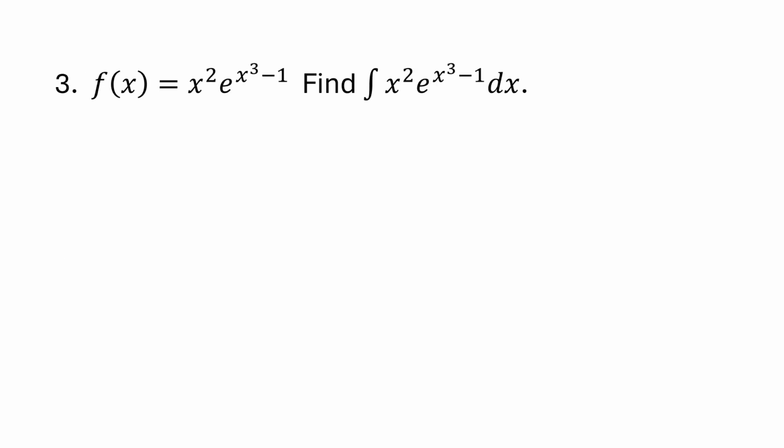Our third problem, f of x equals x squared e to the x cubed minus 1. I'll find the integral of x squared e to the x cubed minus 1 dx.